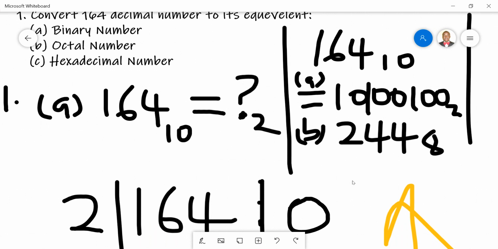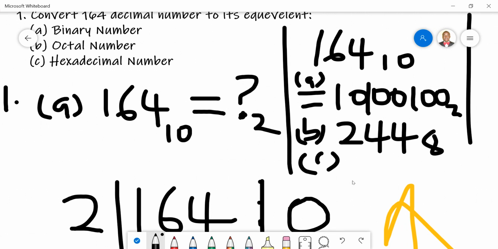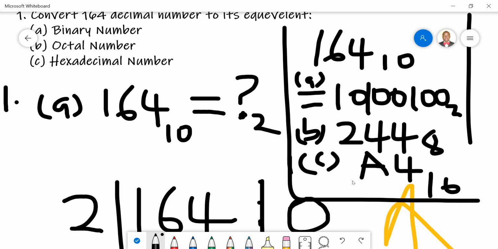And then the hexadecimal goes to A4. I'm sure that you all remember that this is the last part that we did. So we are done with the conversion.